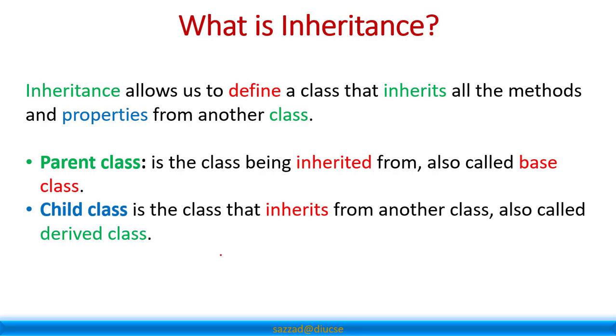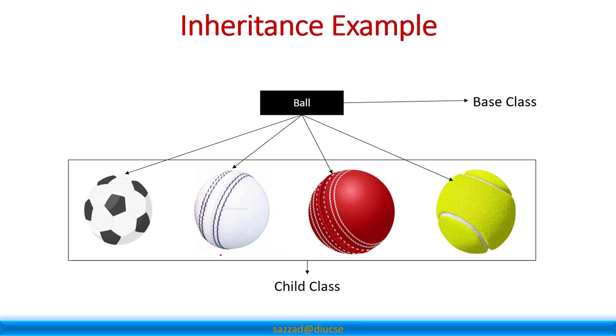It will be clear to us if we give an example. This is an example of inheritance. You can see there are different kinds of ball in this world, and ball can be a parent class or base class. Then the different kinds of ball can be football, cricket ball, which has two types for ODIs and tests, and tennis ball.